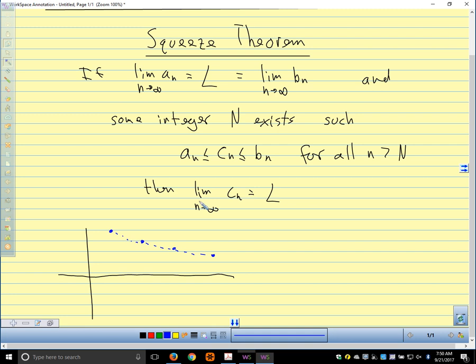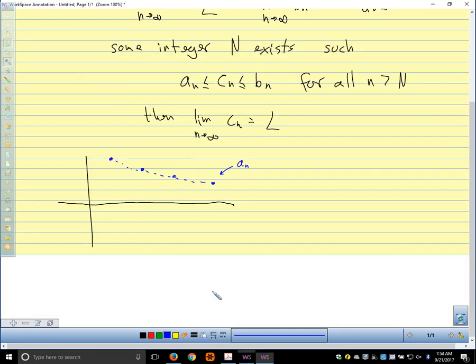So these are my A sub n's in blue. This is how I think of it. And I'm going to put the B sub n's down here like this. So these are my B sub n's, and I'll connect those with a dotted line. And these are both approaching some limit. And I'm going to put the C sub n's, so kind of like this.